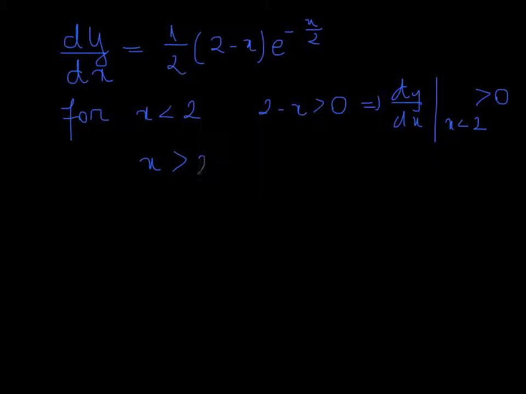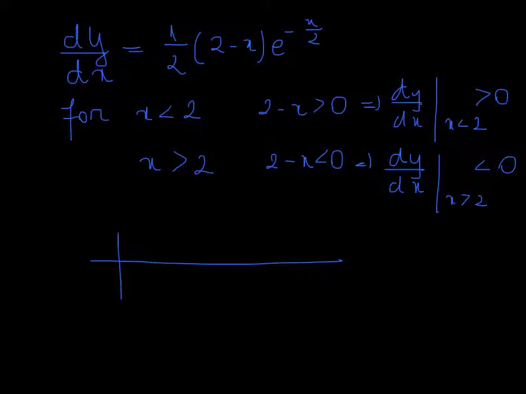Similarly, if x is bigger than 2, then 2 minus x is smaller than 0. So dy by dx when x is bigger than 2 will be smaller than 0. So if we think at x and dy by dx, at 2 dy by dx is 0, before 2 is positive, after 2 is negative.